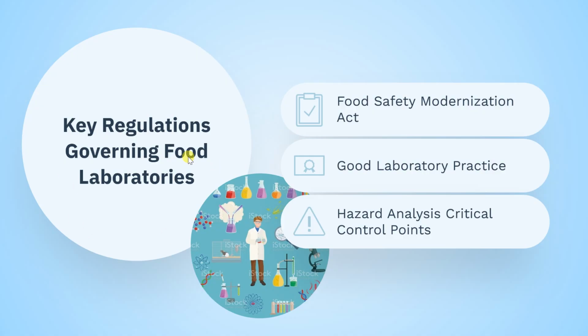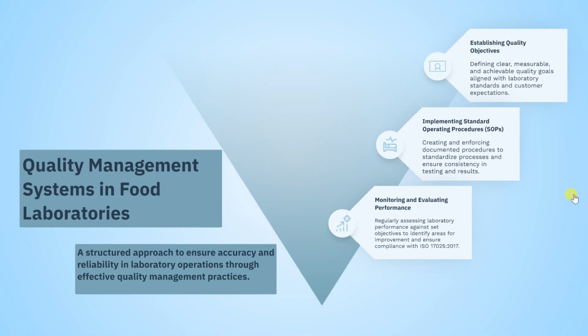These are the key regulations that govern food laboratories. You have to implement these three aspects of rules, or in general regulations: FSMA, GLP and HACCP in abbreviation.